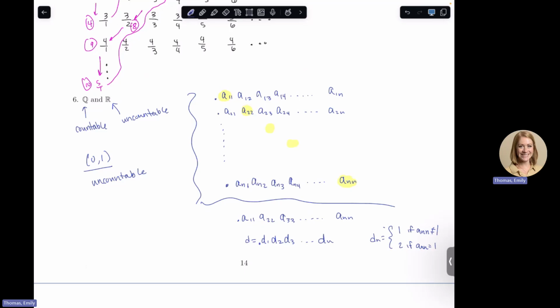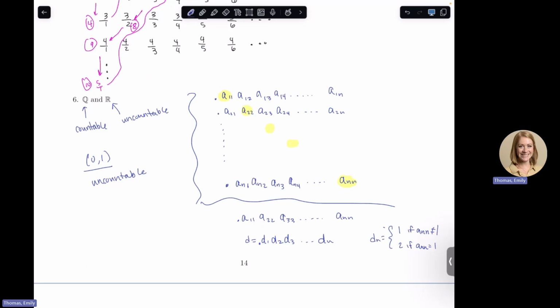Right? So, let's assume that this number is in this list somewhere. Well, D is going to be different from it at 2,2, because if it's a 1, make it not a 1, and if it's not a 1, make it a 1, right? So the idea is that this is a new number between 0 and 1 that's not in your list anywhere.